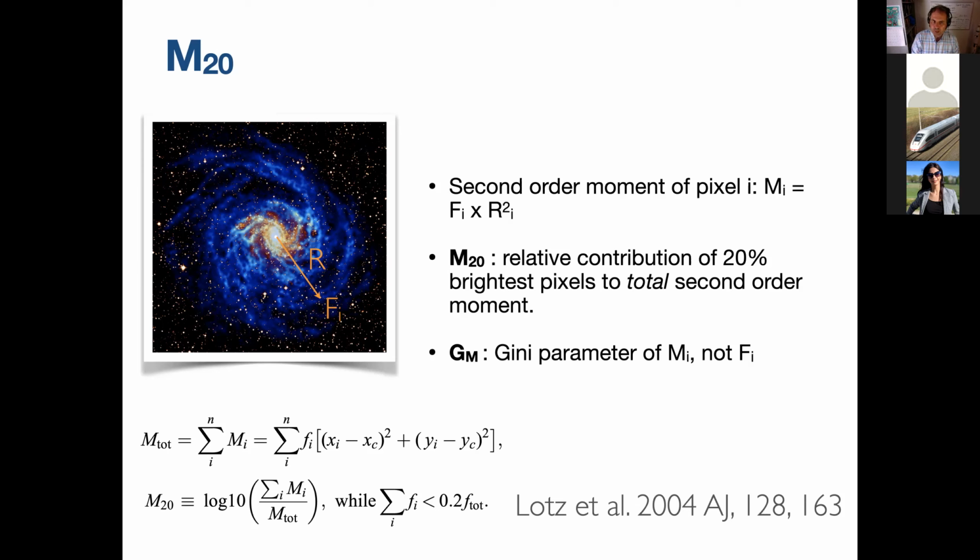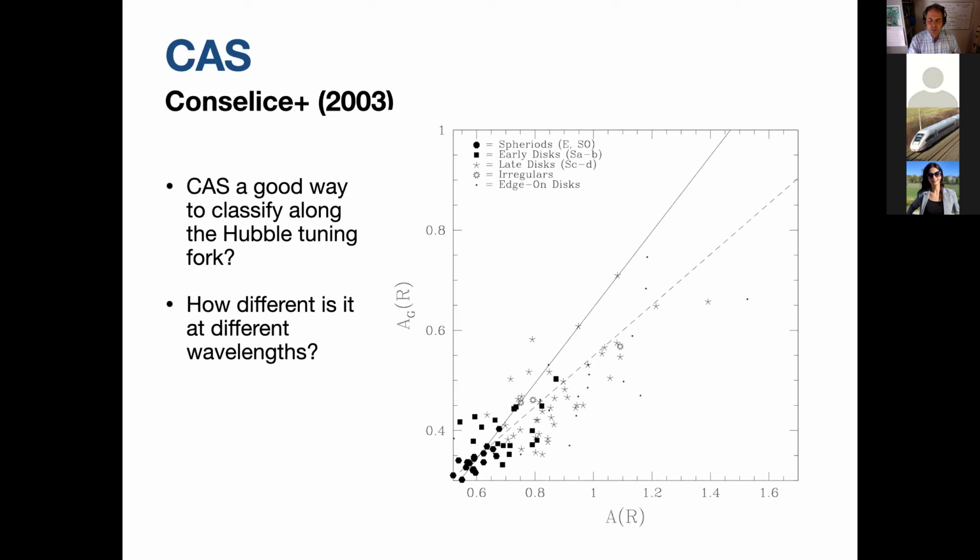That's a really low M20, because all the brightest pixels are sitting in the middle. However, if you have a star-forming disk, then the bright pixels can be all over the disk, much further away, and that's a much higher M20. This M20 value is negative. It basically goes from -3 to about 0.